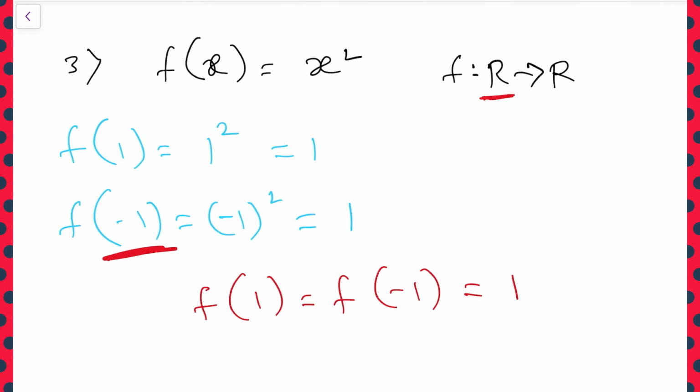When we substituted plus 1 or minus 1, we got the same answer 1. So for distinct elements of A, we do not get distinct images in B. That's why this is not a 1-1 function.